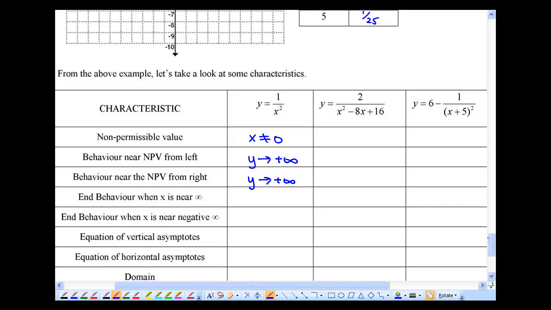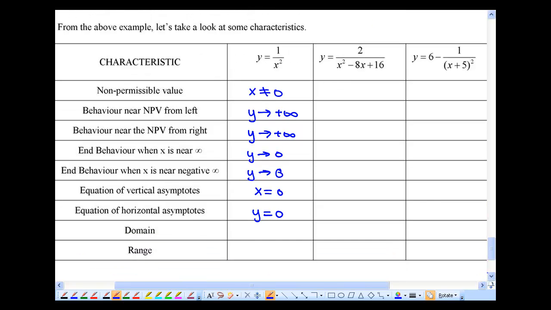And end behavior, that means when x is really big, it looks like the y value approaches 0. Same thing happens when x approaches negative infinity to the left. Equation of the vertical asymptote, well, that's x equals 0. How about the horizontal one? It seems like it gets closer and closer to the line y equals 0. You're right.